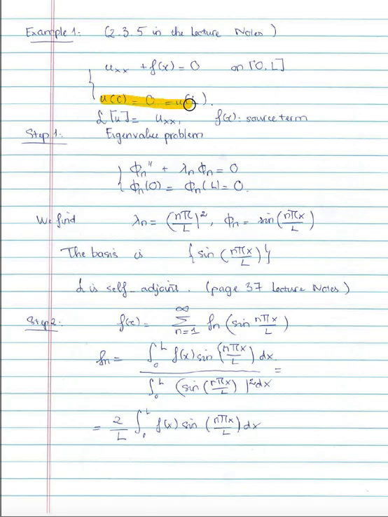We consider Dirichlet boundary condition because we expect that the solution u will be 0 at 0 and the solution u will be 0 at L, right? In this case, the operator is the term that contains u, which is uxx. The source term is this function f.